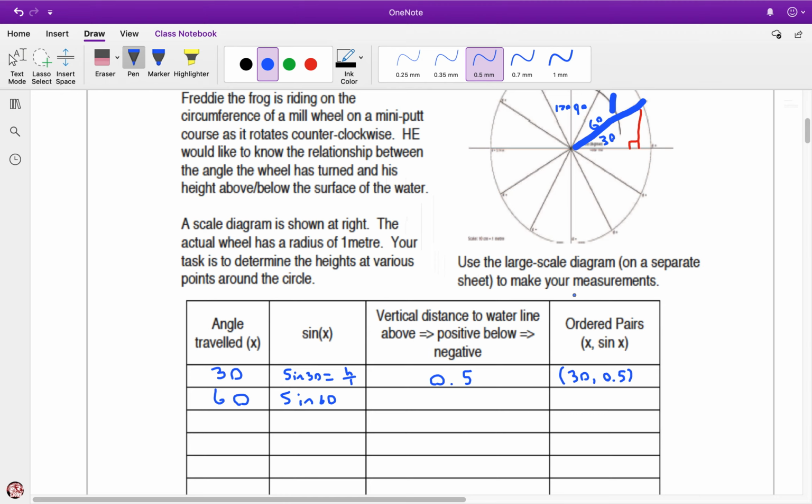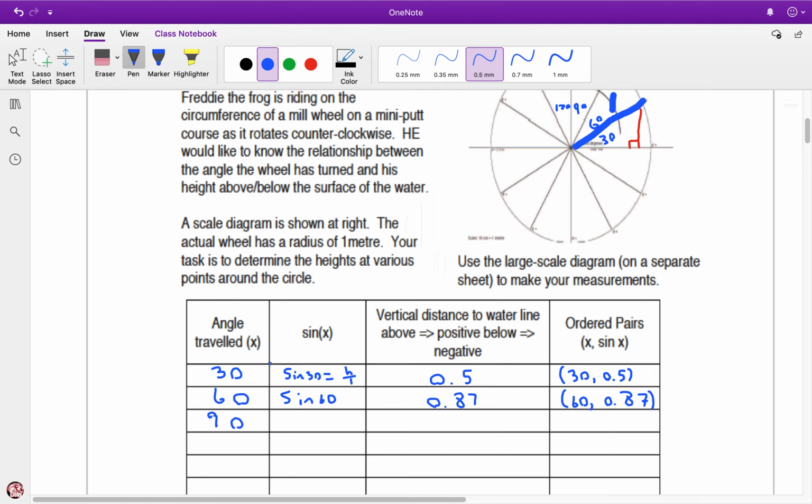Sine 60 equals 0.87. And my ordered pair is going to be 60, comma 0.87. Good. And then the next one we're going to do is 90.